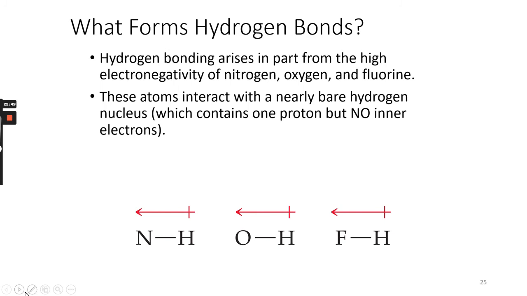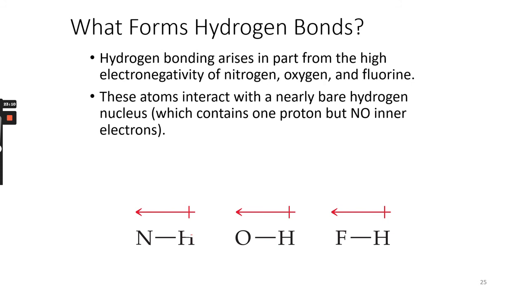What forms hydrogen bonds? Hydrogen bonds arise in part from highly electronegative nitrogen, oxygen, and fluorine. Again, those are the three most electronegative elements on the periodic table. These atoms interact with a nearly bare hydrogen nucleus because it only has one proton and one electron. There are no inner electrons.